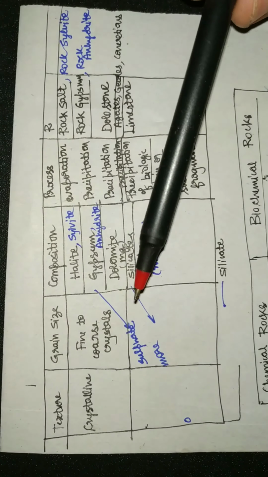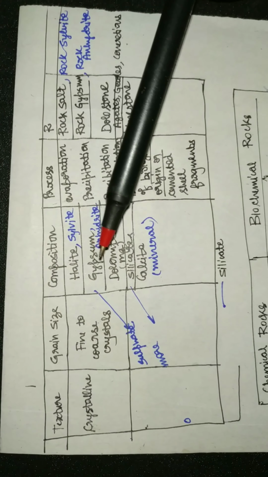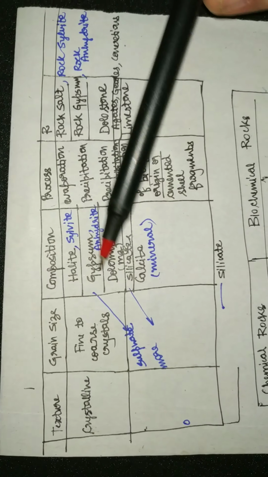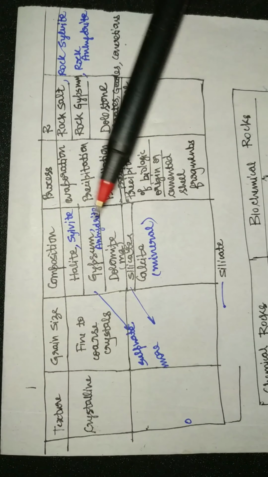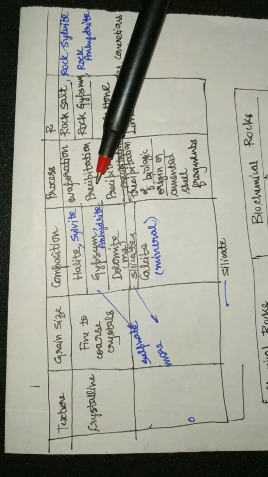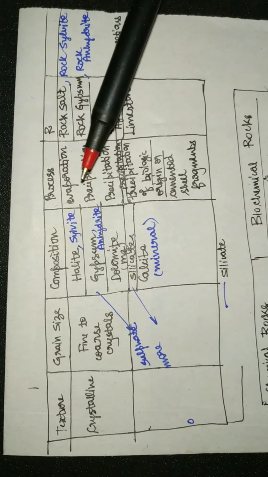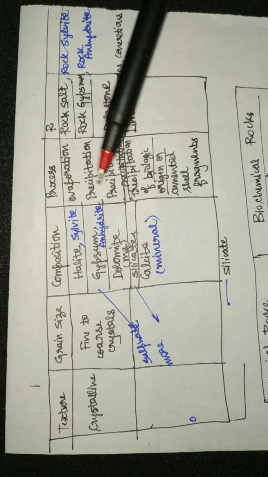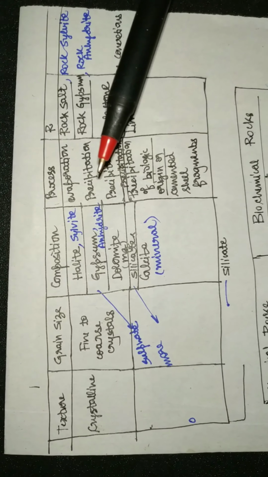Again, if the water has a lot of sulfate, CaSO4 or anhydrite, they undergo precipitation, the same process as when water from the clouds falls.